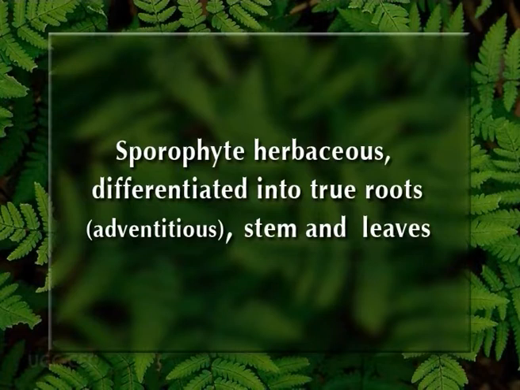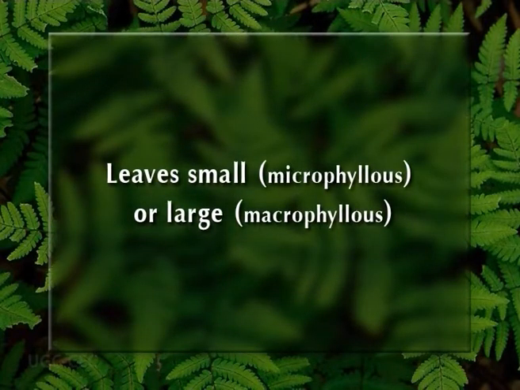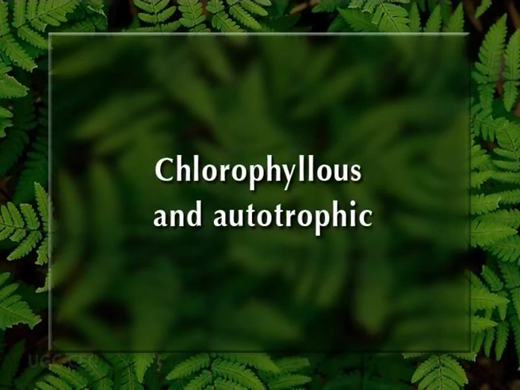The sporophyte, which I already mentioned is the diploid phase, is generally herbaceous and is differentiated into a true root, roots usually being adventitious, stem and leaves. The leaves may be small, microphyllous, or they may be large, macrophyllous, usually called fronds. The leaves are chlorophyllous and autotrophic.